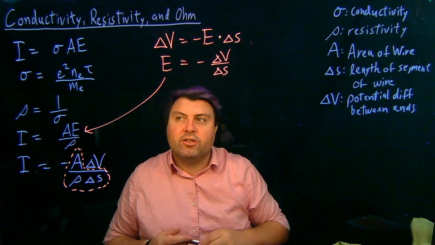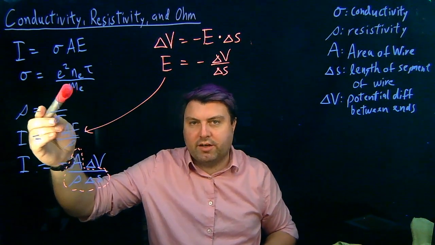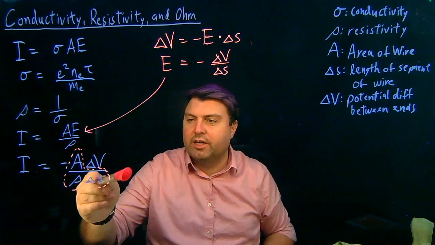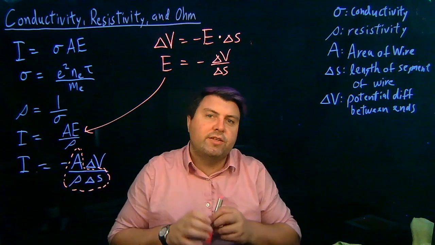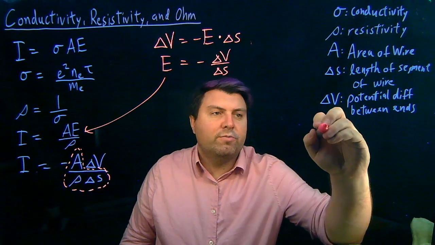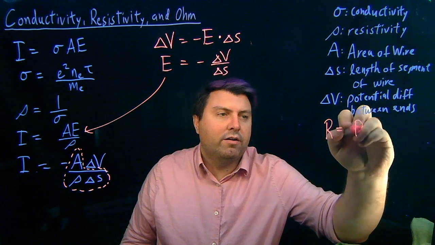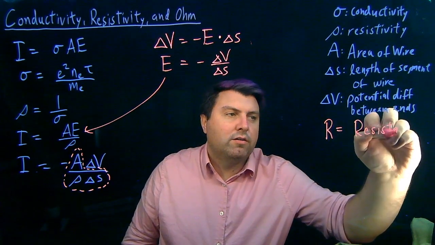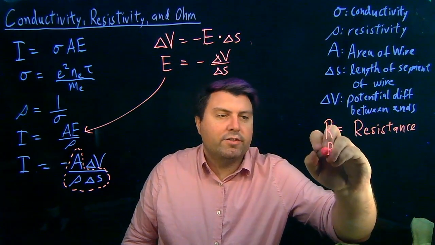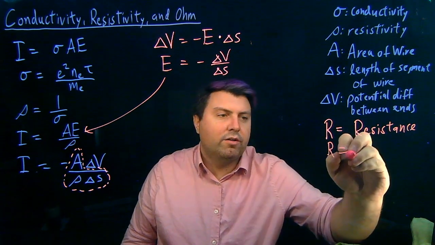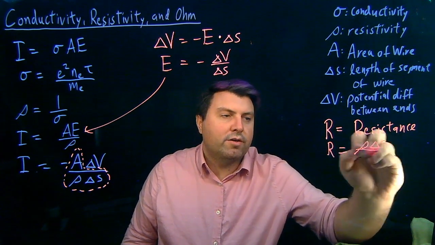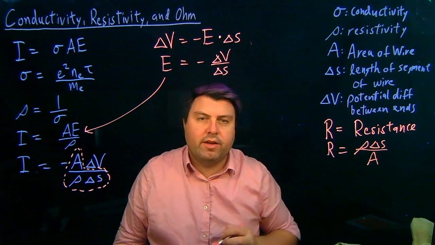So in fact, just as we compressed all of these conductivity measurements into conductivity, we can compress all of these into one measurement. So we can define R as our resistance.